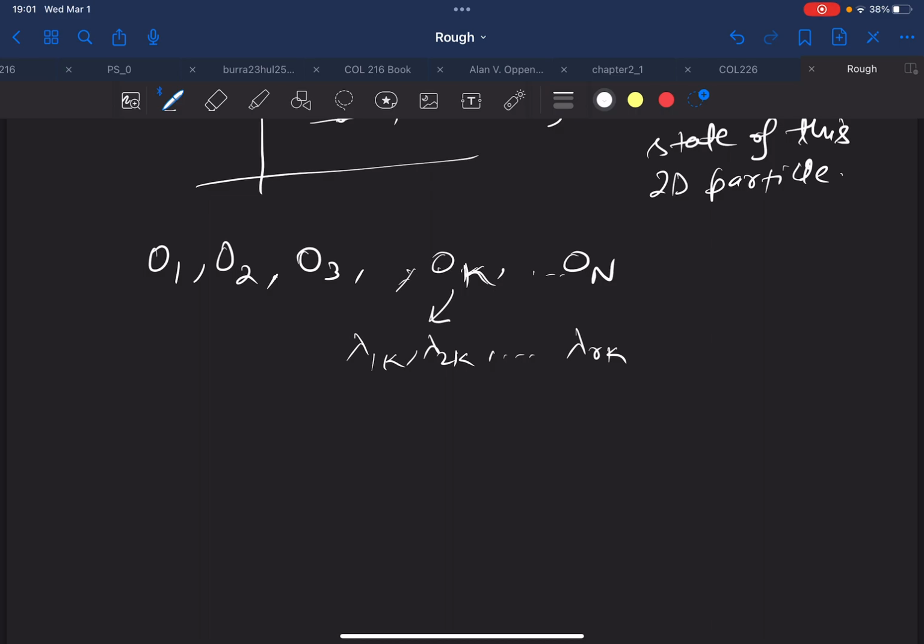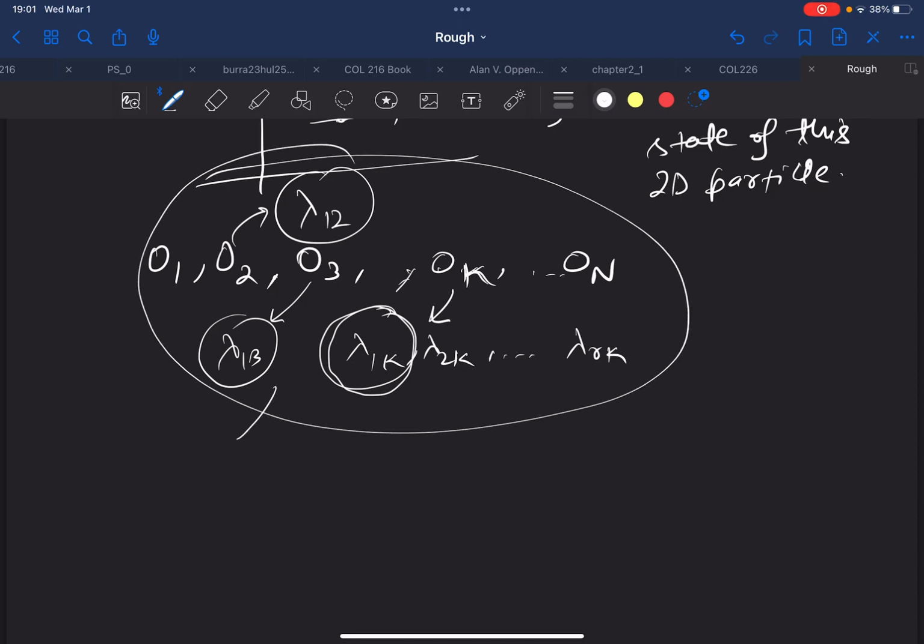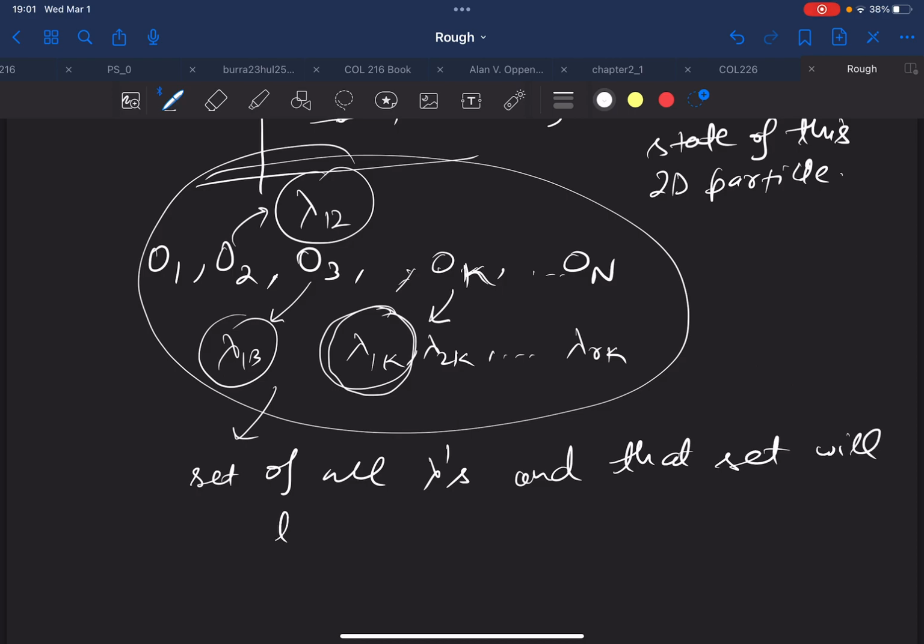We will collect all these measurements, and that set of all these lambdas will tell us the exact state of the system.